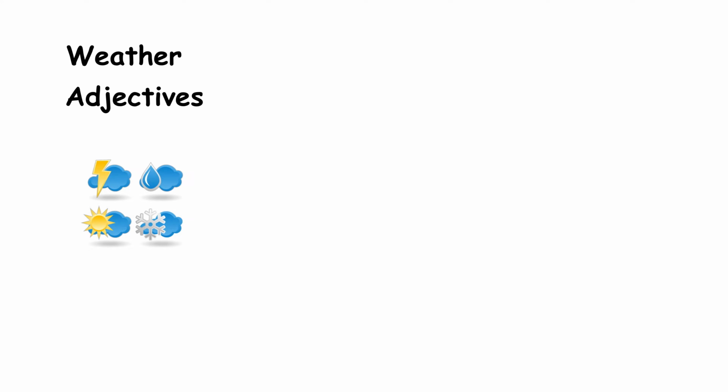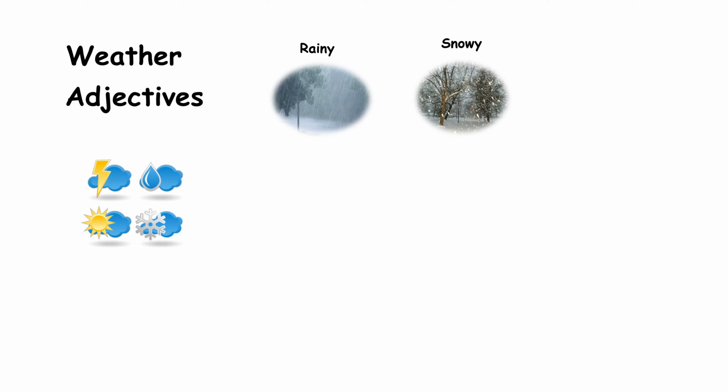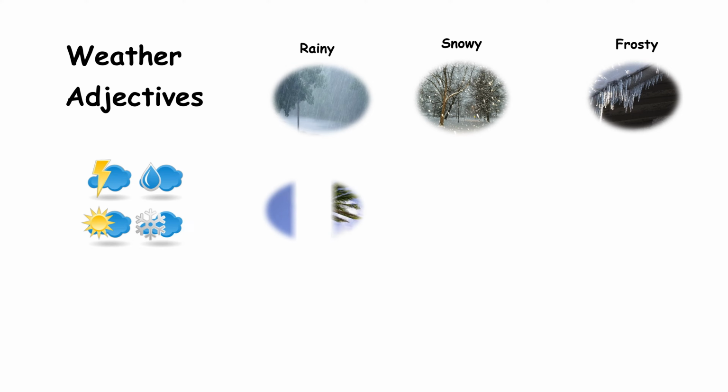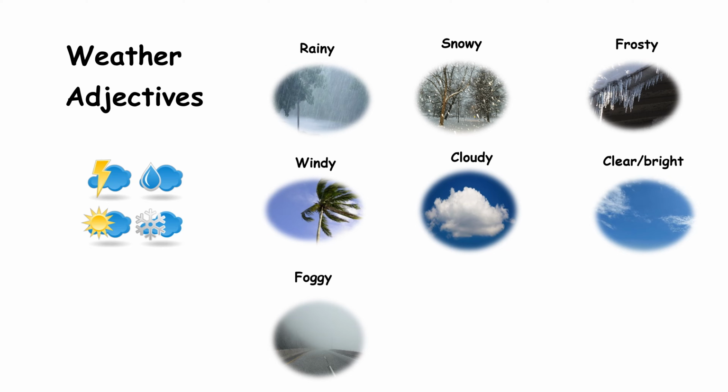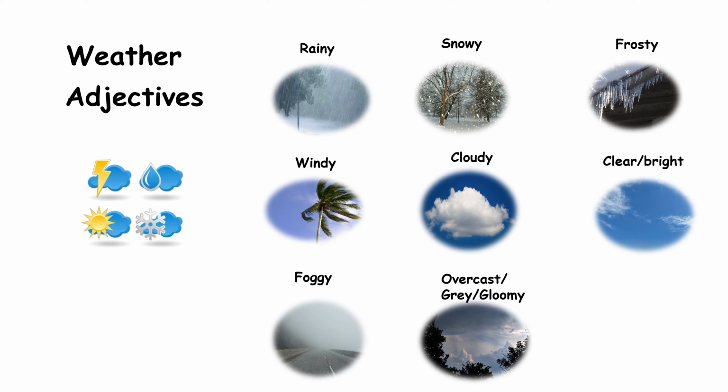Some of the adjectives we use to talk about weather are the following: rainy, snowy, frosty, windy, cloudy, clear or bright, foggy, overcast, gray or gloomy, humid.